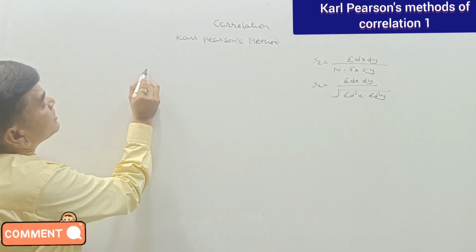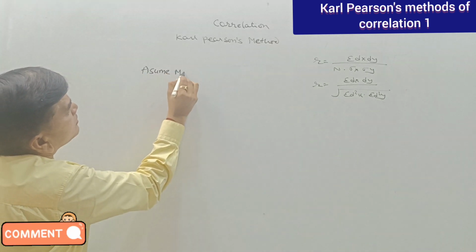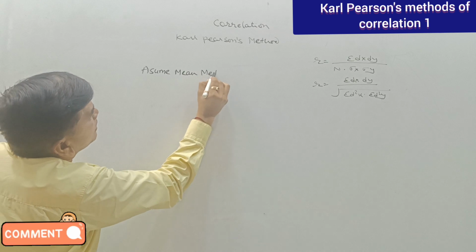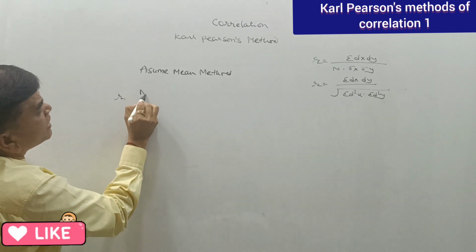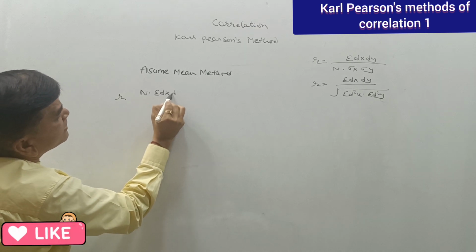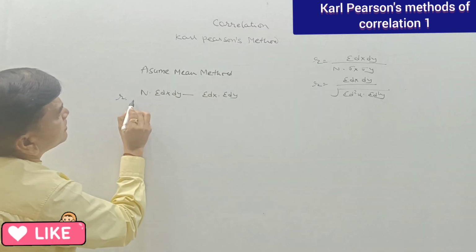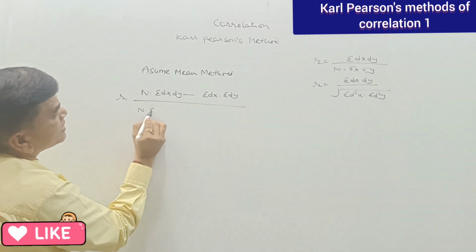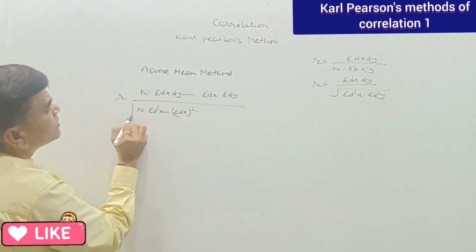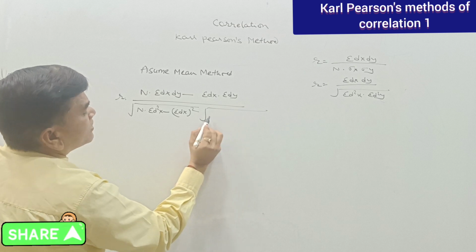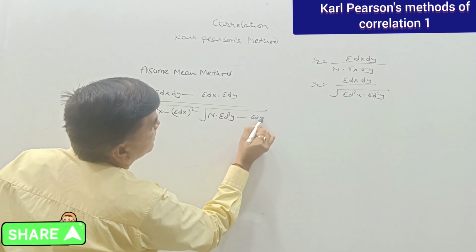Step deviation method, assumed mean method. If the assumed mean method is used, then r is equal to n multiplied by sigma dx dy minus sigma dx multiplied by sigma dy, upon the root of n multiplied by sigma d square x minus sigma dx raised to power 2, and n multiplied by sigma d square y minus sigma dy raised to power 2.